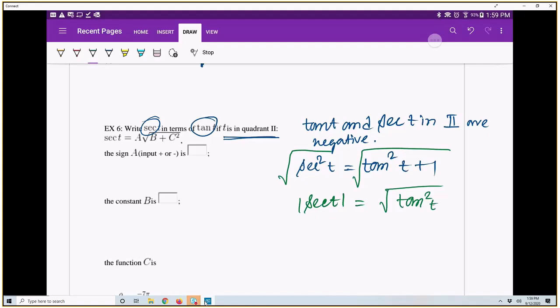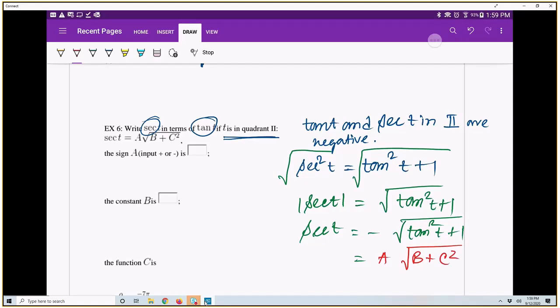But since in this problem secant should be negative, I get to say secant t equals minus the square root of tangent squared t plus 1. What does that tell me? Now I get to compare it with the given form, which was a times the square root of some constant plus a function's square. So clearly a is the outside constant, so that should be negative 1.